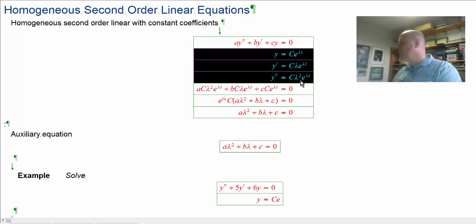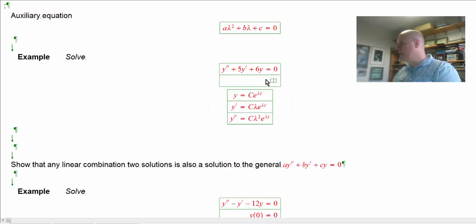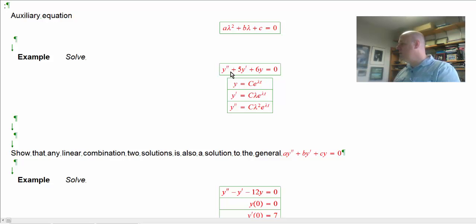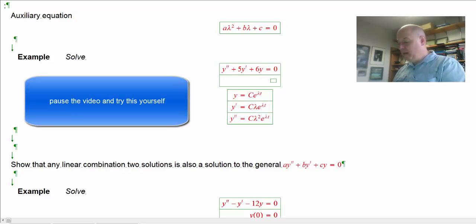We'll need all of these derivatives here. Let's just put this down. So I would substitute these into this equation, then factor out the c, factor out the e to the lambda t, and then I would end up getting lambda squared where the y double prime is.